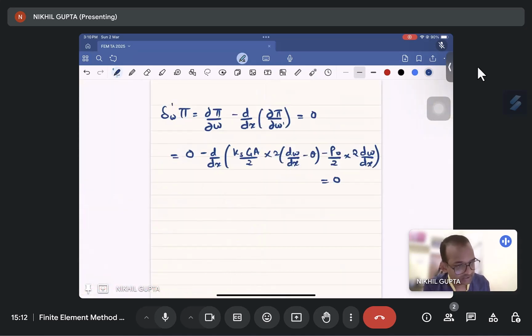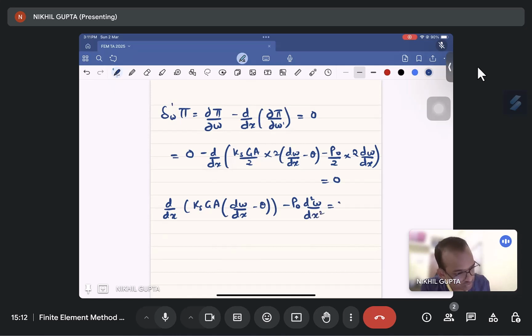Now let's simplify this equation. When we simplify it, we'll get d by dx of ksga with dw by dx minus theta, minus p naught d2w by dx square equals to 0.